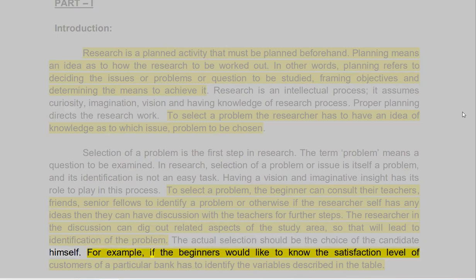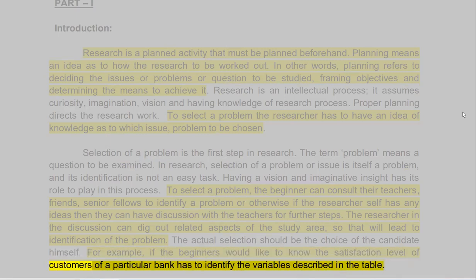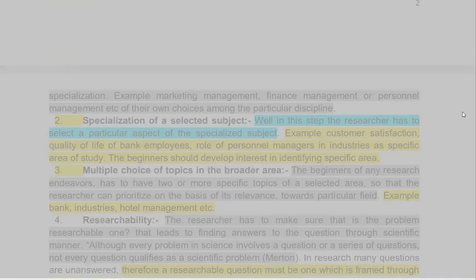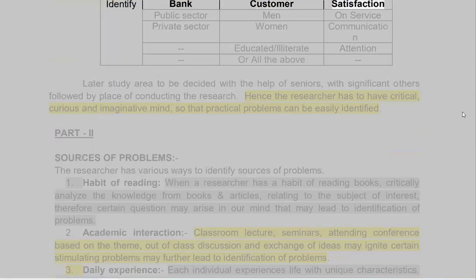For example, if the beginners would like to know the satisfaction level of customers of a particular bank, they have to identify the variables described in the table. Identify bank customer satisfaction: public sector, private sector, men, women, educated, illiterate, service, communication, attention, or all the above.